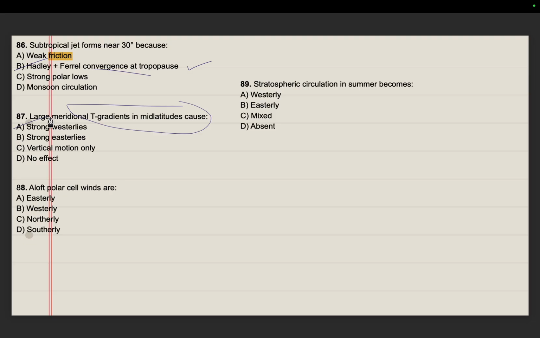For 87, strong westerlies are formed due to del T del Y's large value at 30 to 60 degrees in this region. 88, aloft polar winds are easterlies, westerlies, northerly, southerly. Yes, 88, option A is correct. 89, stratospheric circulation in summer becomes westerly, easterly, mixed, or absent.